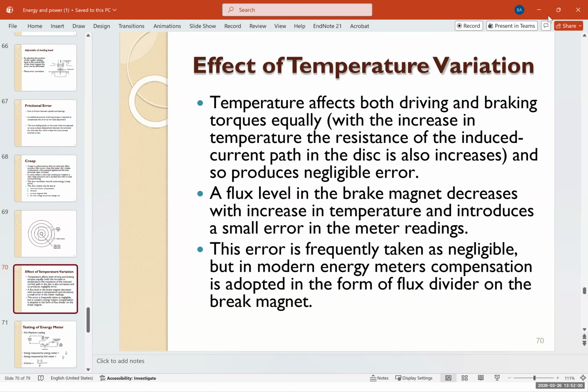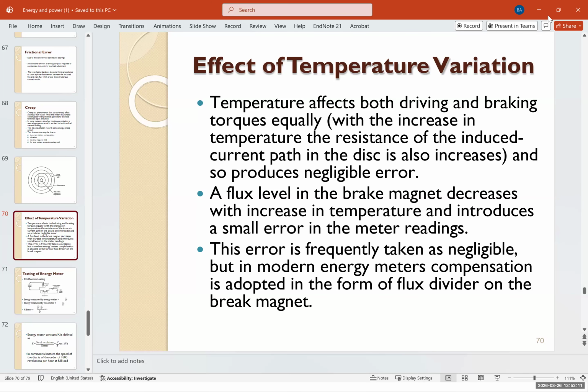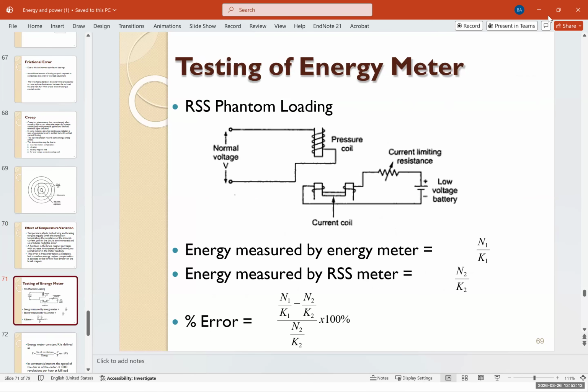This error is frequently taken as negligible, but in modern energy meters, compensation is adopted in the form of a flux divider on the brake magnet. In the summer, actually, it's sometimes better to make it hot. But that's a negligible error. As mentioned, it's not that much.